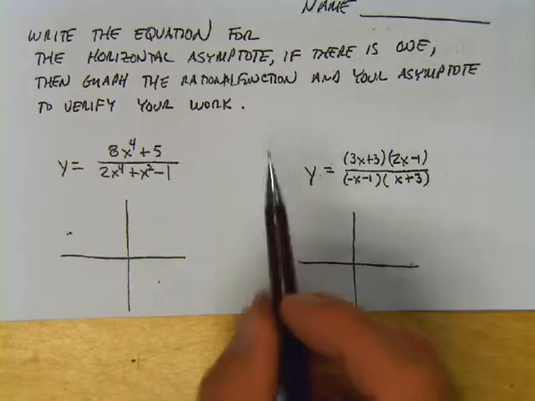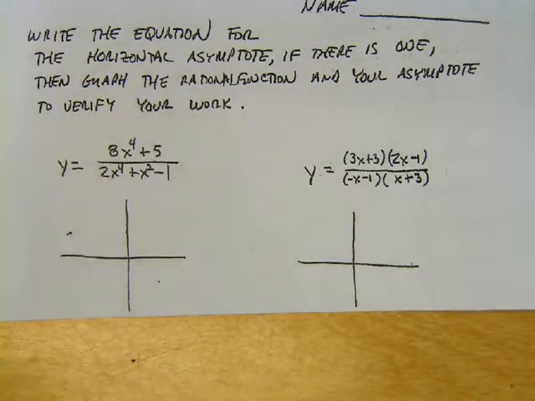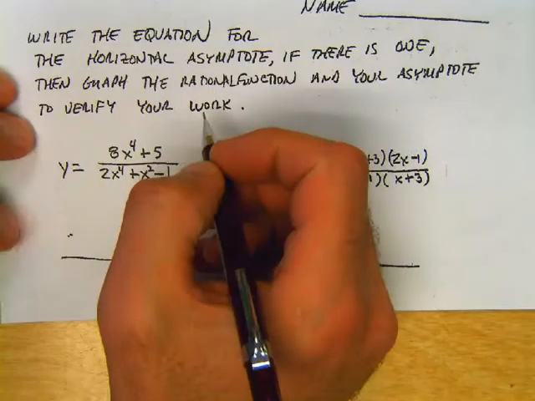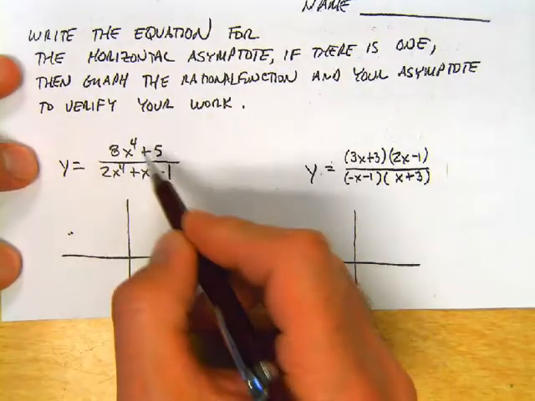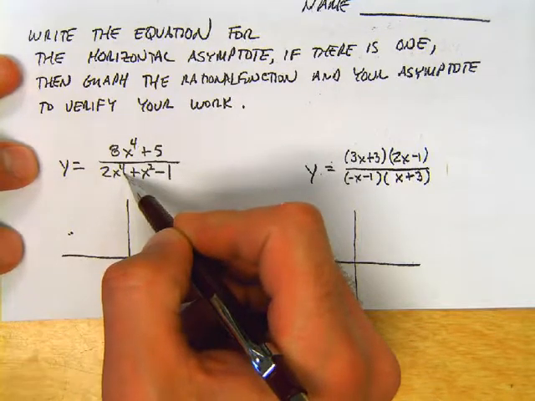So write the equation for the horizontal asymptote if there is one, then graph the rational function and your asymptote to verify your work. Alright, so I notice on this first problem that the degree of the numerator and the degree of the denominator are the same.